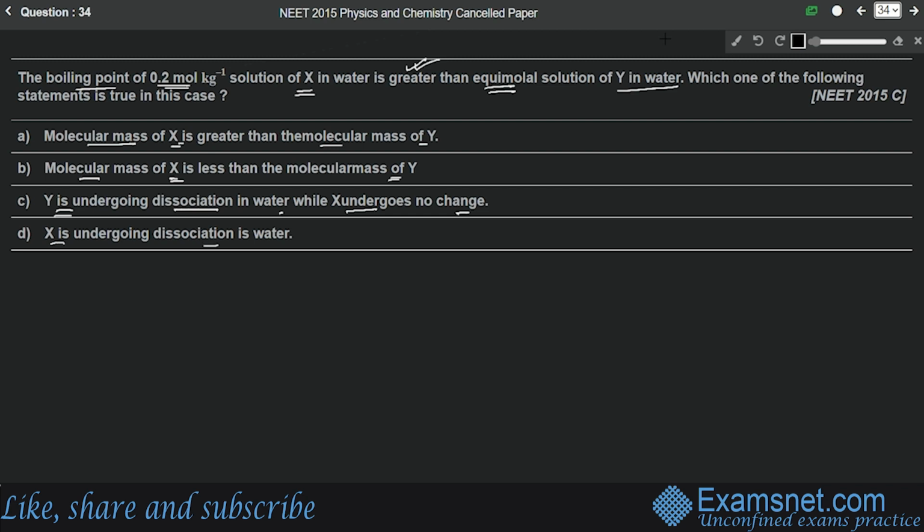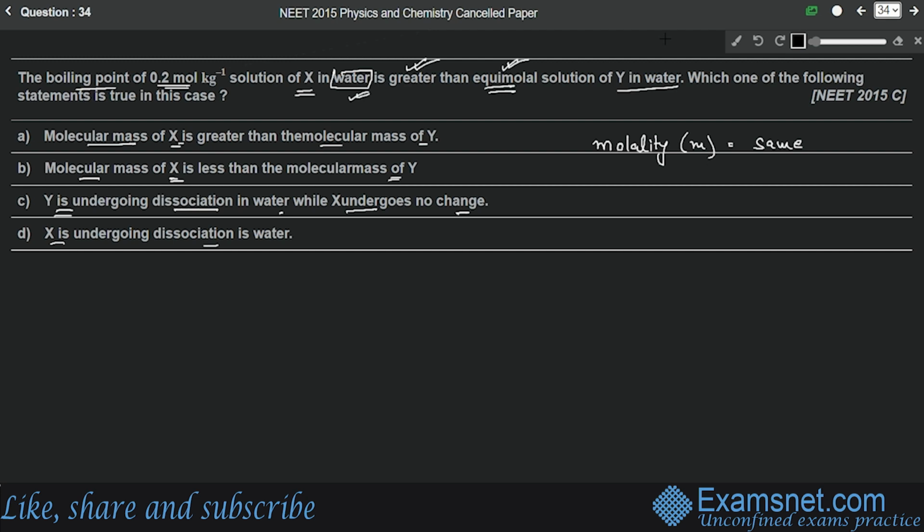Okay, so it is given that we have equimolar solutions of X and Y, right? That means the molality, small m, is same. Then the solvent is also same for both. Okay, in both the cases the solvent is water.